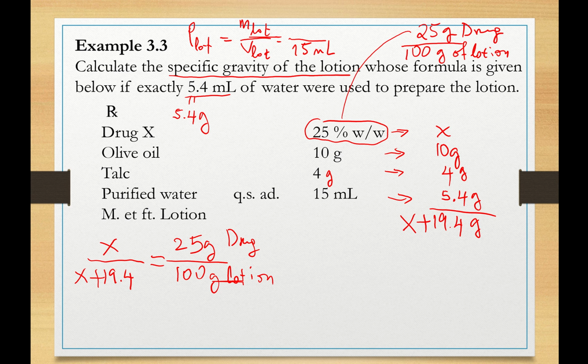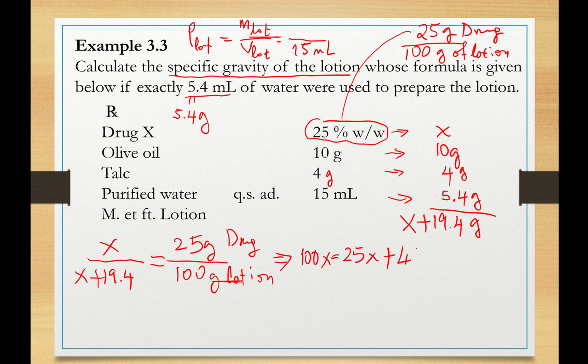So now cross multiply to determine X. So I have 100X is equal to 25X plus 25 times 19.4. That would be 25 times 20, which is 500, minus 25 times 0.4, which is 10.